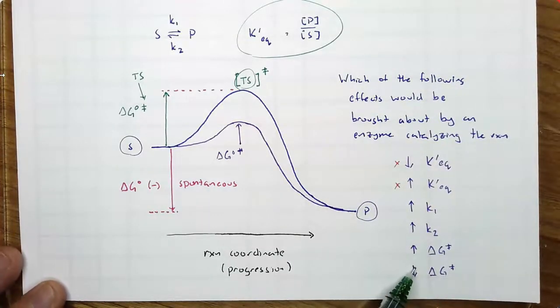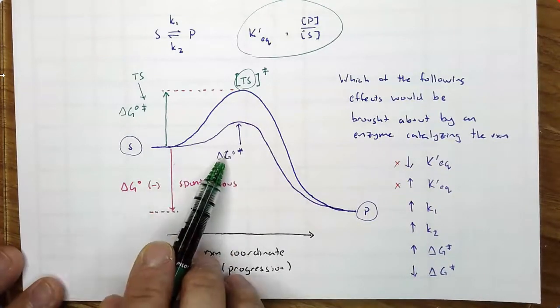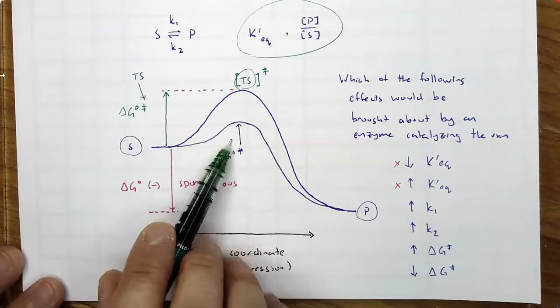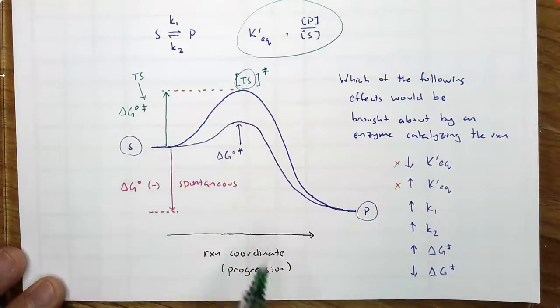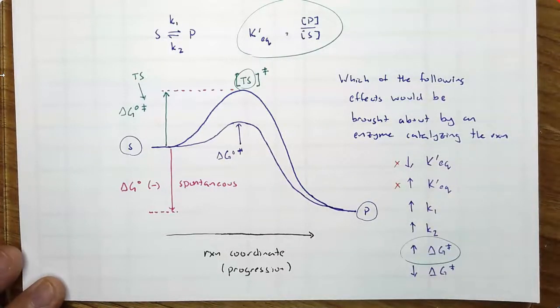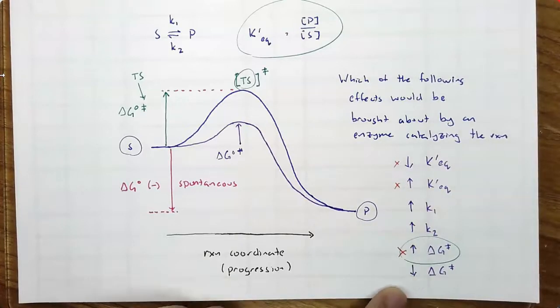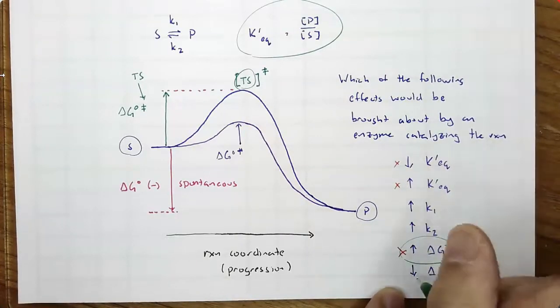Now the delta G double dagger does decrease. The height decreases. So this is correct. We lower the activation energy, we lower the delta G double dagger.